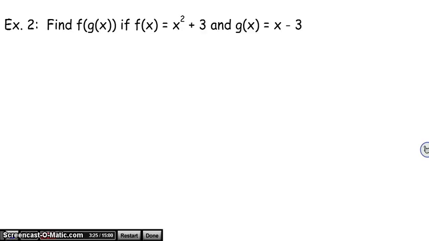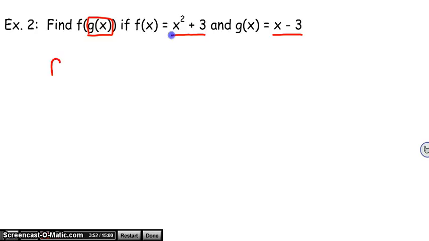So for this example, f of x is equal to x squared plus 3, and g of x is equal to x minus 3. And what they're asking us to do is replace the variable within f with the function x minus 3. So basically, the way I want you to think about this is that we're putting a function into another function.